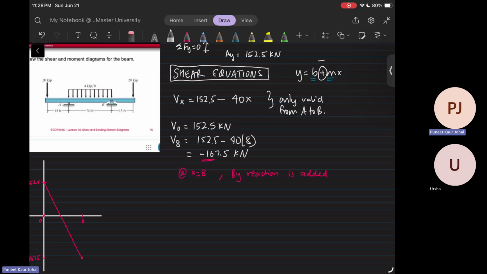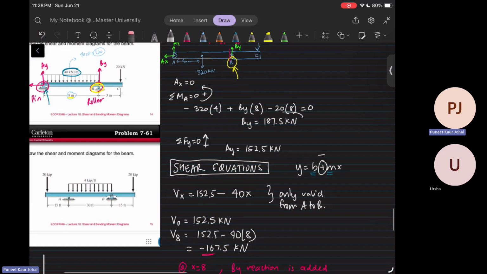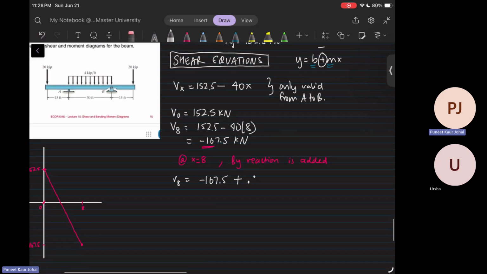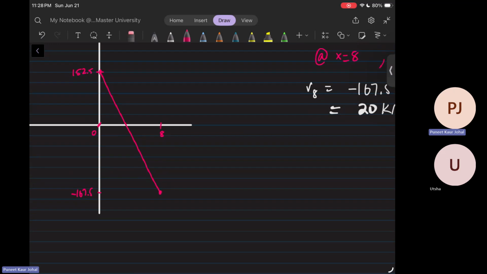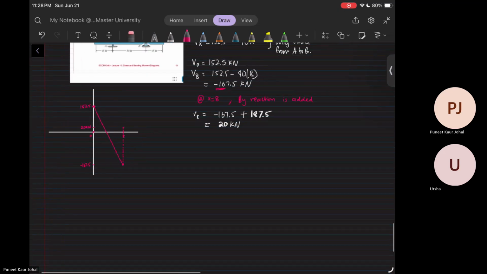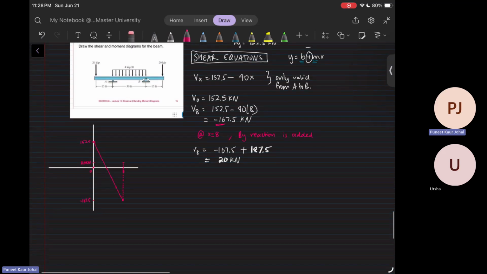So if we account for that, then V at 8 would be this, which we got because of the loading, and then we add the BY reaction, which is 187.5. We add 187.5 and we got the answer of 20 kilonewtons, which means right here there's going to be a jump where it will go up to 20 kilonewtons. Okay, so that's it, we're done from A to B.